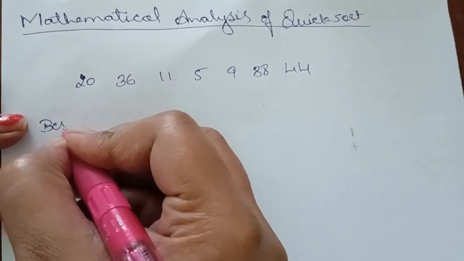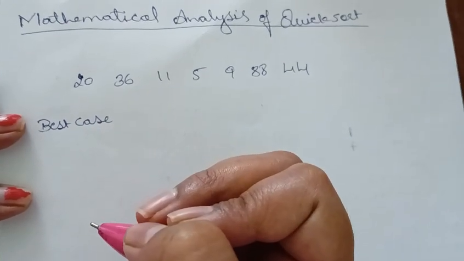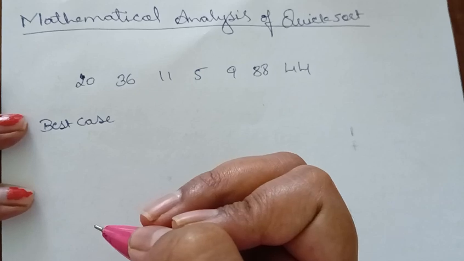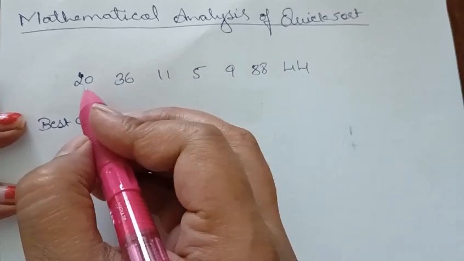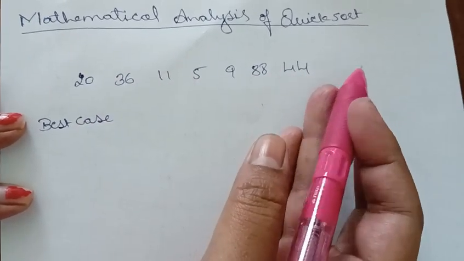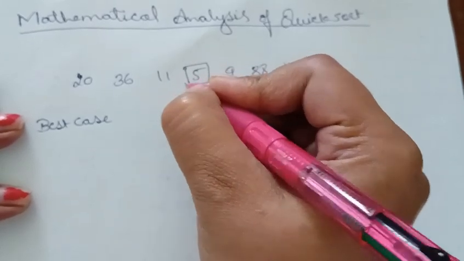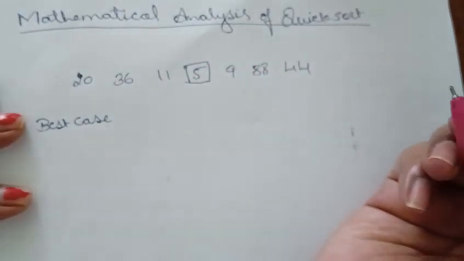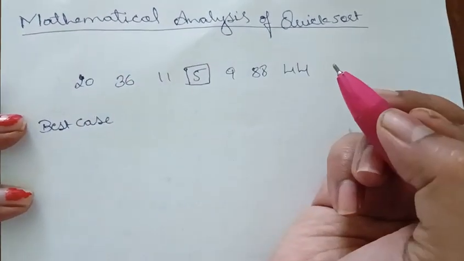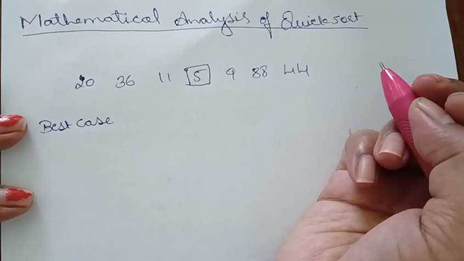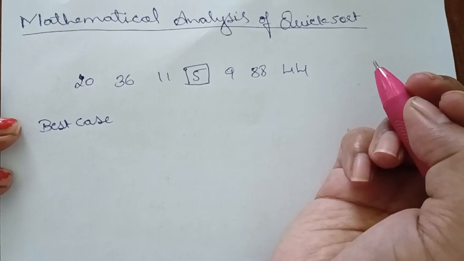First I'll take the best case. Best case is nothing but dividing the array exactly at the middle. Okay, so here we have 1 2 3 4 5 6 7 elements. Exactly at the middle the array is dividing. The left side of the array and the right side of the array will have the same number of elements. Okay, so this is the best case.